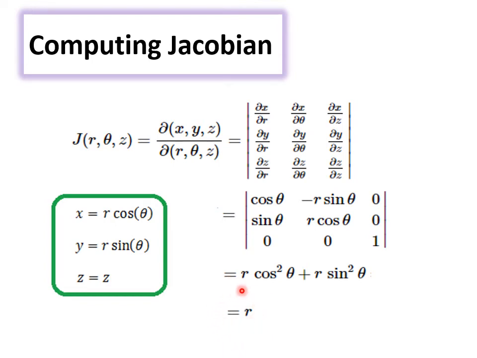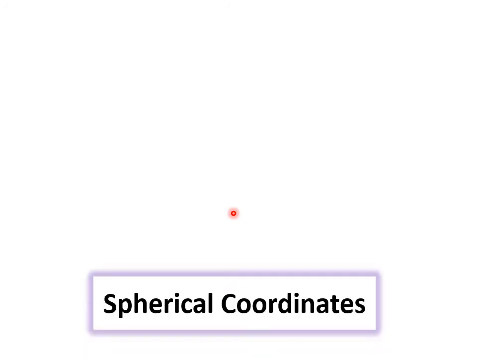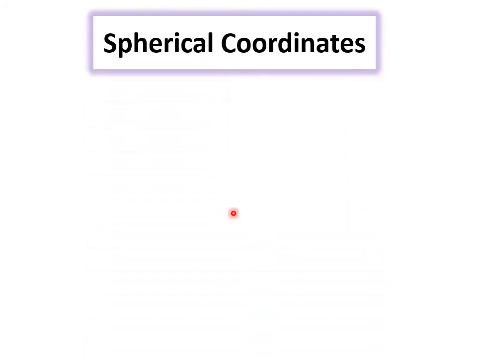Hope you are comfortable in locating a point in cylindrical coordinate system and understanding how to shift the point from Cartesian to cylindrical coordinate using this transformation and how to compute the Jacobian. Similarly, we will see how to compute Jacobian for spherical coordinate system. Before that, we just see how to locate a point in the spherical coordinate system.